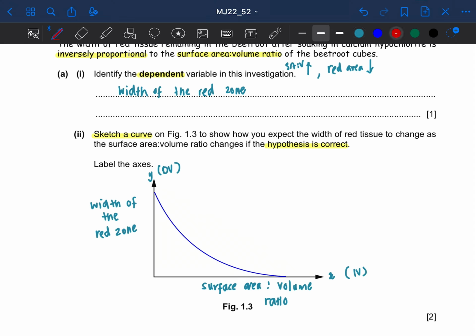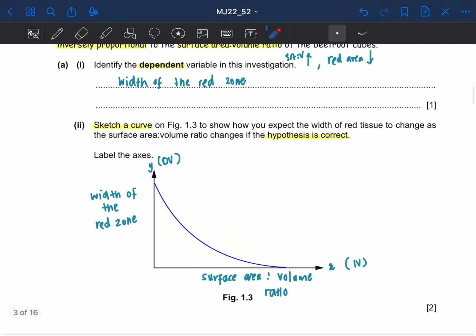The 2 points are: one is asking you to label, make sure you got both labels correct, and that you got the independent and dependent variable on the correct axis, and then we have sketched a curve. That's an inversely proportional relationship, meaning as we increase the surface area to volume ratio, the width of the red zone decreases.